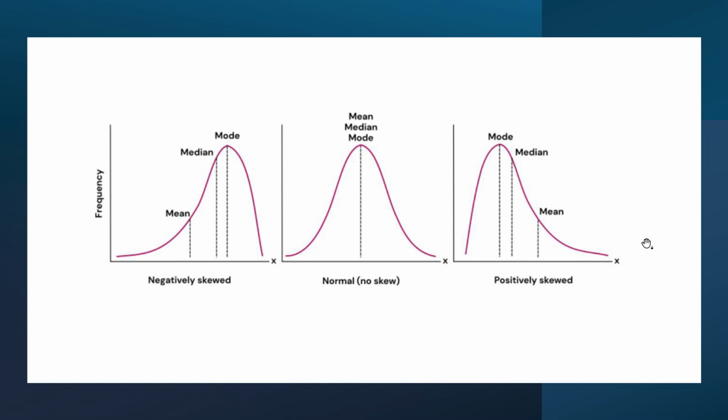When data is negatively skewed, the mode is greater than median and median is greater than mean. When the data is positively skewed, we may have the vice versa ordering of these measures of central tendency.